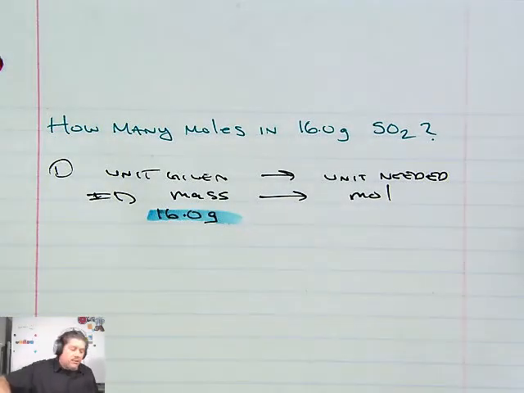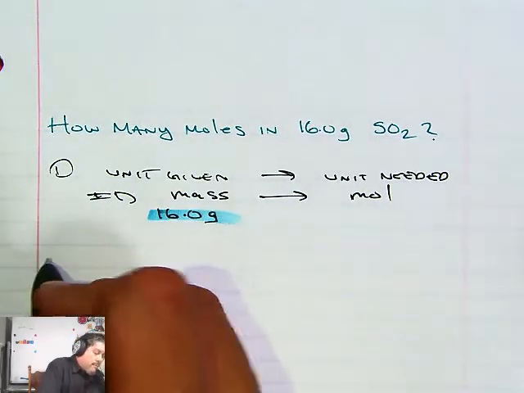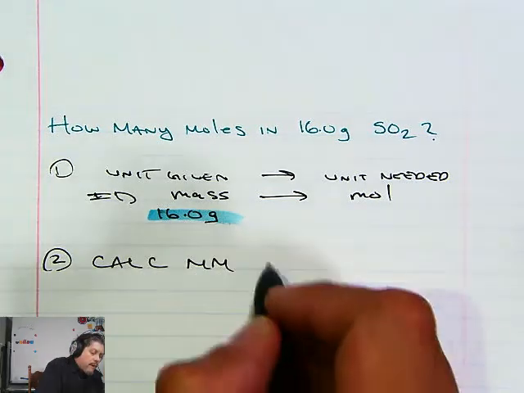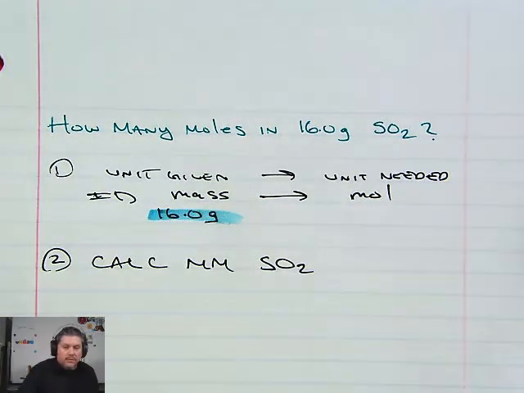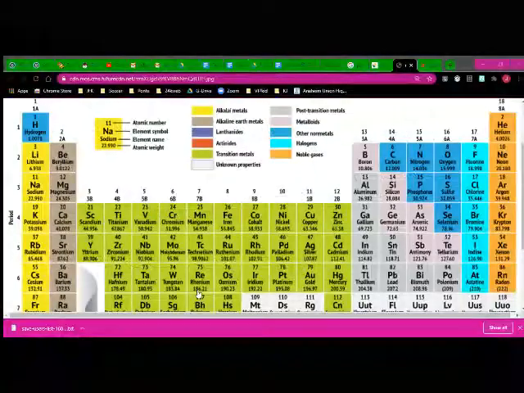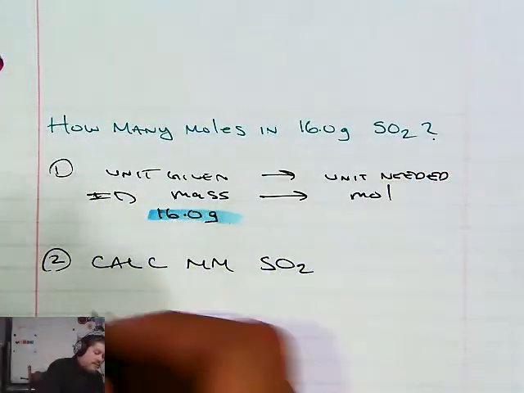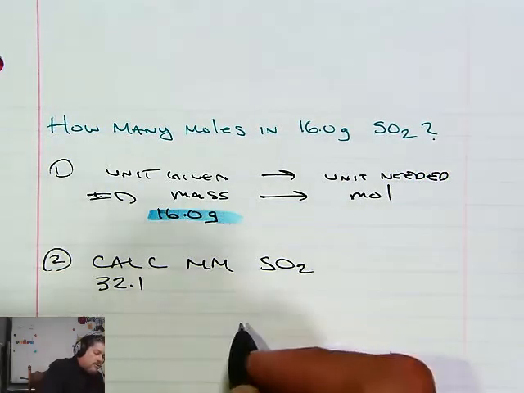All right, step 2. We want to calculate the molar mass of sulfur dioxide. So calculate molar mass of SO2. To do this, we're going to need a periodic table, so we're going to switch to the periodic table here. And as we look at sulfur, we see it there, 32.059. All our periodic table values are rounded to the nearest tenth, so we're going to make that 32.1.